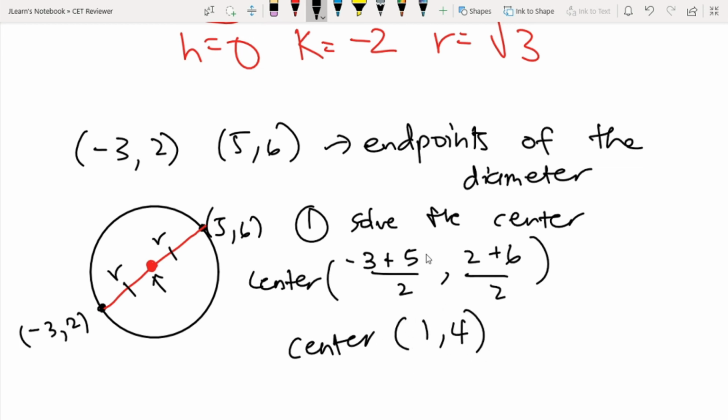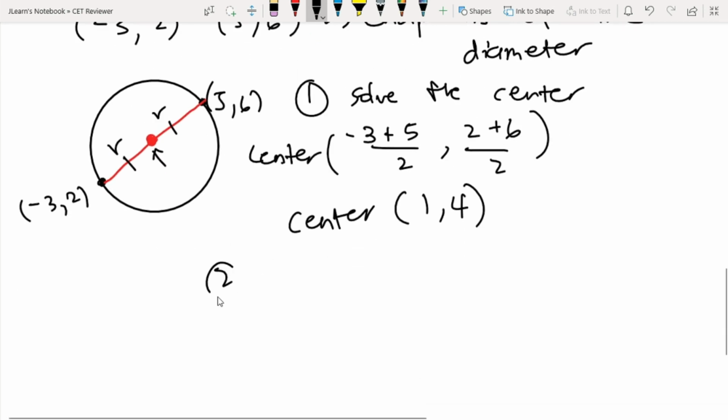Okay? So ngayon, hinahanap natin naman is yung radius. Okay? Kasi kailangan natin yun para sa center radius form. Tama? So how do we solve the radius? Alam natin na yung center ay nasa 1, 4 and alam natin yung from 1, 4 to 5, 6, yun yung value ng radius. Okay? So we can do that by using the distance formula. No?